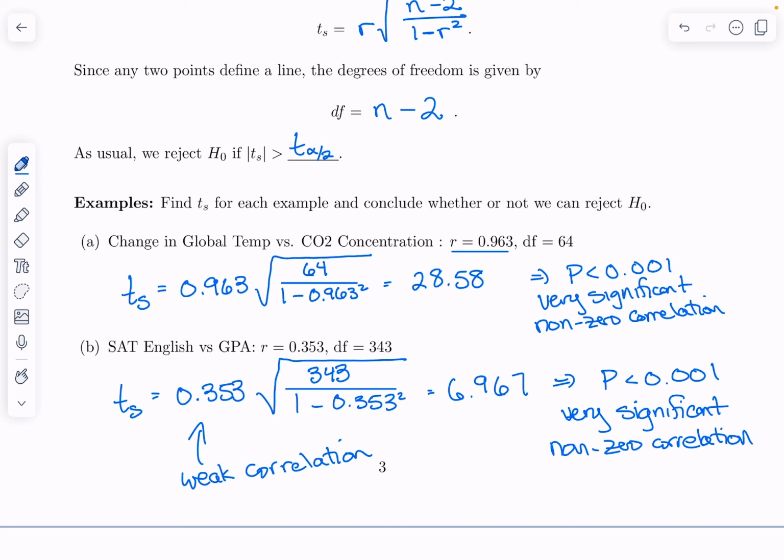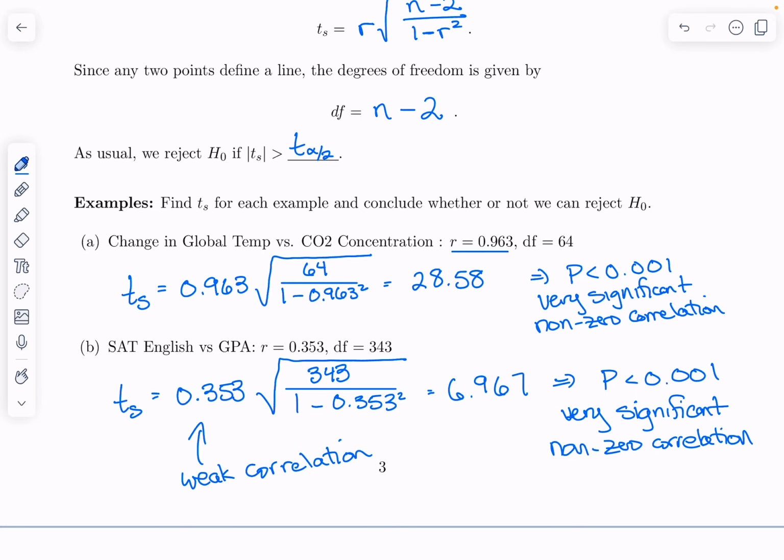And so you can see that this test is really not all that powerful. It'll tell you that the correlation is not 0, but it won't tell you how strong the correlation is. Okay, and it's important for us to be able to interpret what it means to have a strong correlation. And so in a later video, we'll be able to interpret what this correlation coefficient is telling us in terms of the relationship between our two variables.